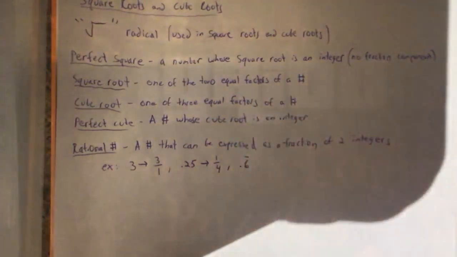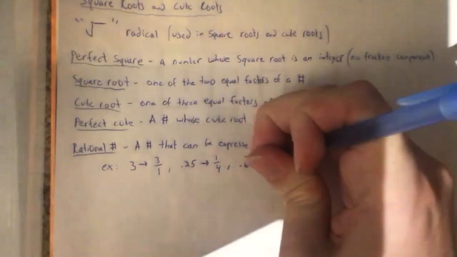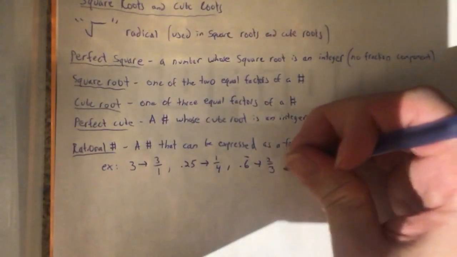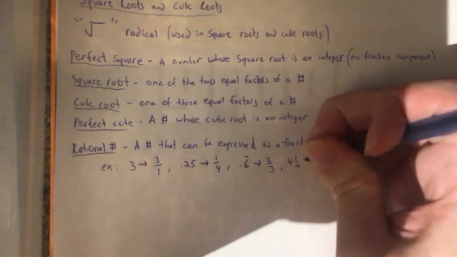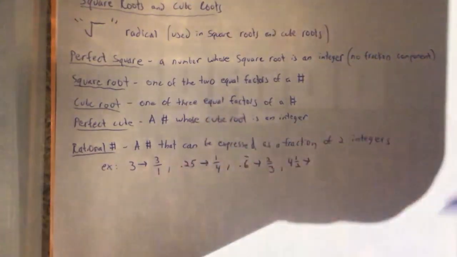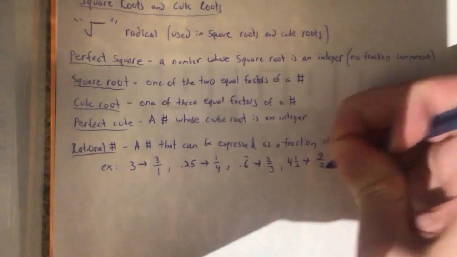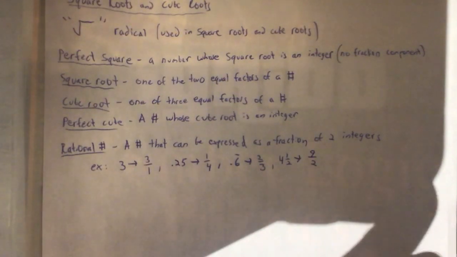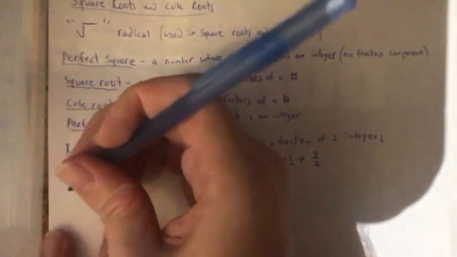For example, 0.6 repeating all the way is really just 2/3. And any fraction is automatically a rational number, because that is the definition. For example, 4.5 I can write as 9/2. Negative numbers work too, so -0.6 repeating, -4.5, and so on. So those are examples of rational numbers. If I can write it as a fraction, it's good. Basically, it's a number that either repeats or terminates.